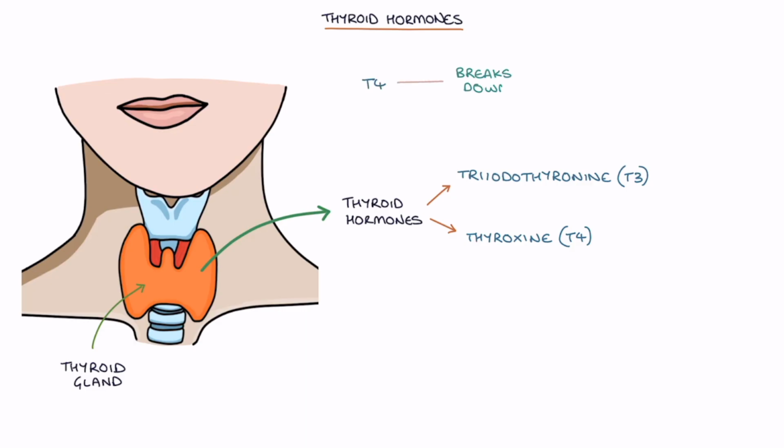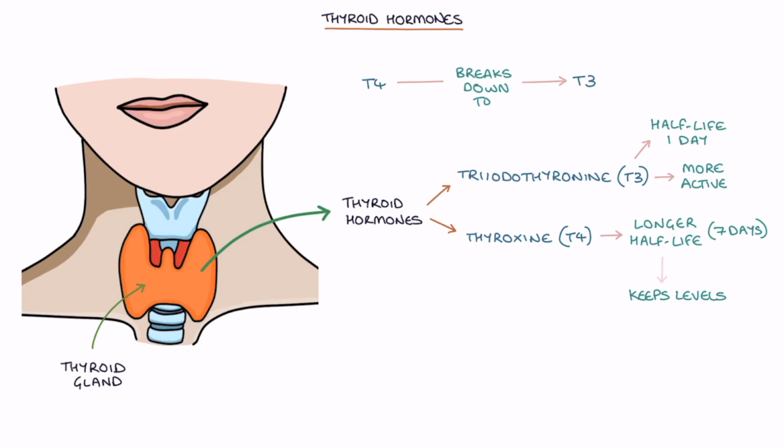T4 breaks down into T3 in the tissues, and T3 is the more active thyroid hormone, meaning it has a greater effect on the body tissues. T4 has a longer half-life of around 7 days compared with the half-life of T3, which is around 1 day. The longer half-life of T4 helps to keep the thyroid hormone levels more stable over time.